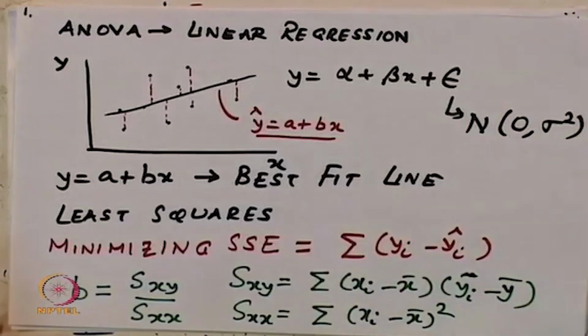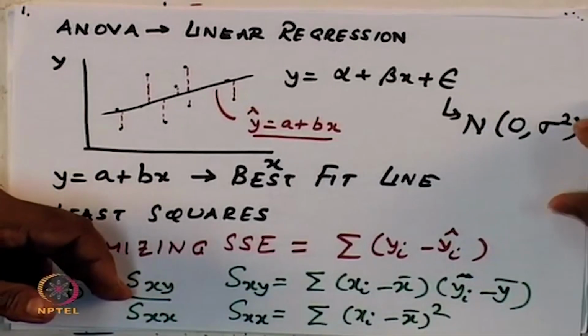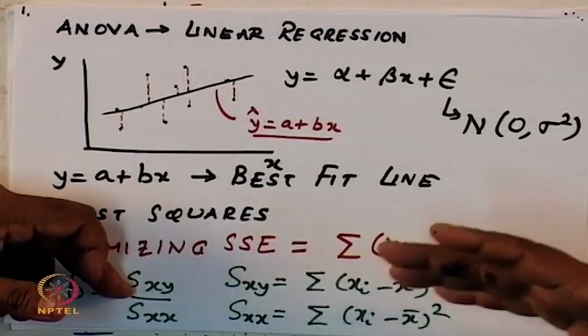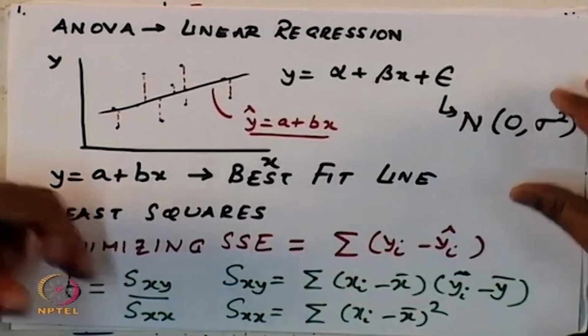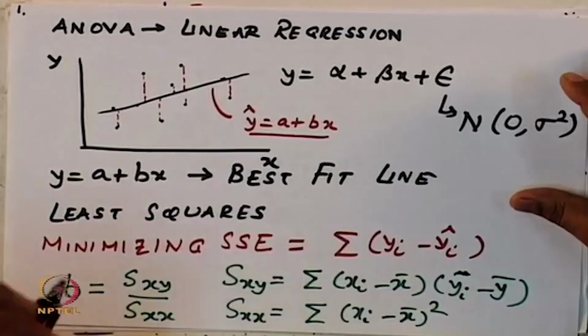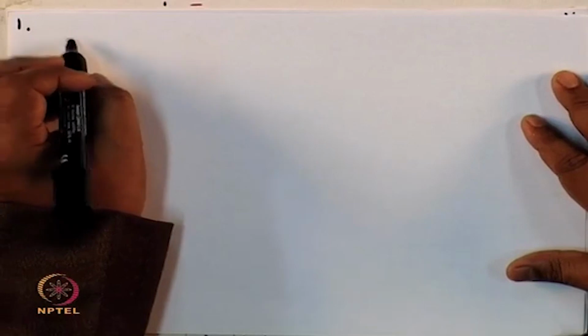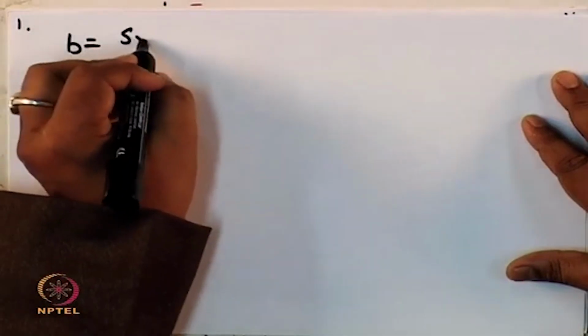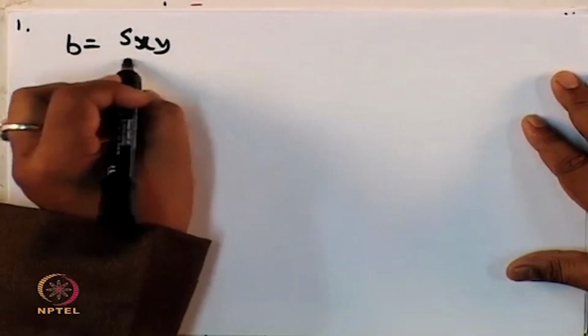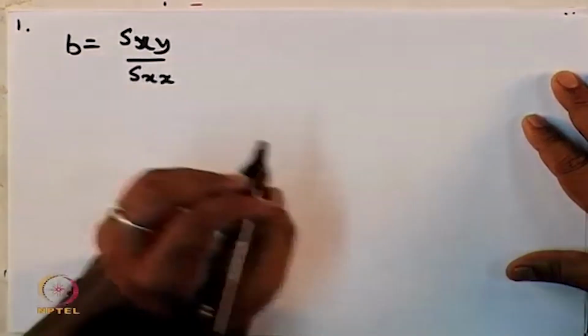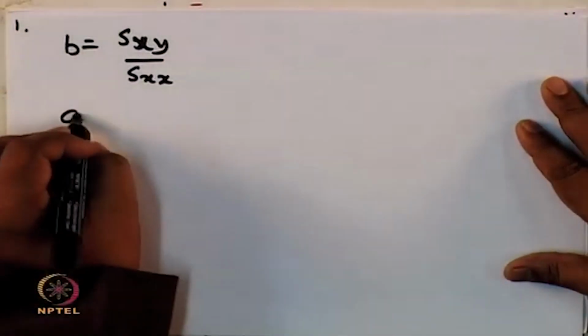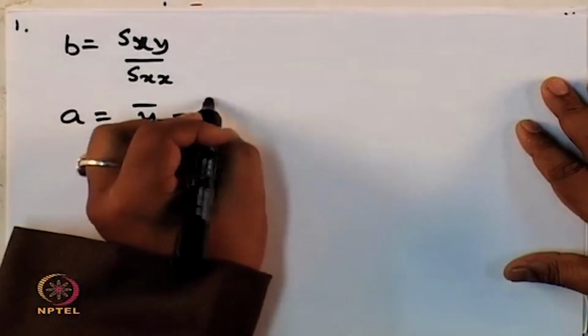Note that from our earlier definition we had the divided by n minus 1, which we have removed. So, b is S of xy by S of xx, and a is given by y bar minus b of x bar.